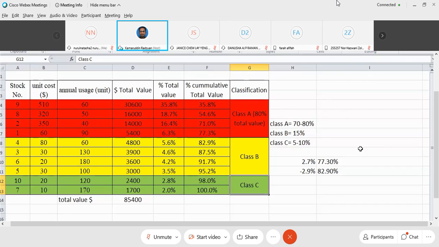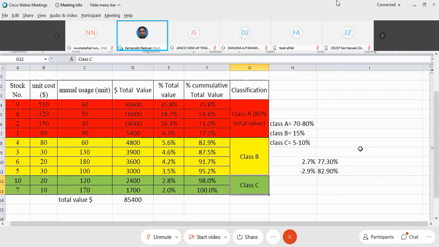So for example, the monitoring of inventory level for the class A item needs to be done continuously compared to the class C item. And it suggests that for the class A item, use a continuous monitoring system to control the inventory.